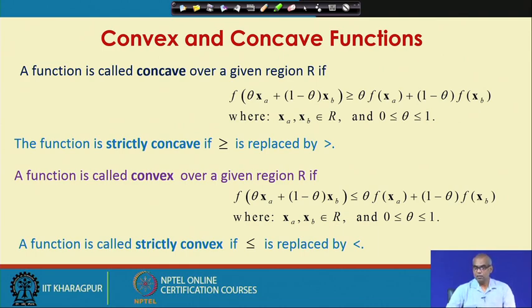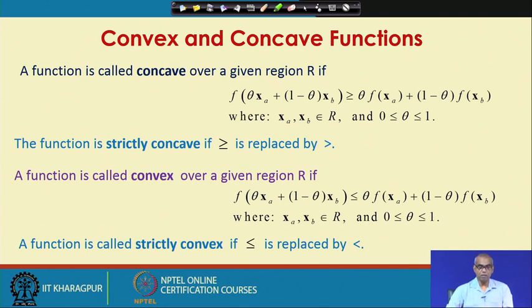So, basically you have to take 2 points over the region R, then make a linear combination of these 2 points such as theta xa plus (1 minus theta) xb. Now, evaluate the function at theta xa plus (1 minus theta) xb, then the function value at xa and the function value at xb.